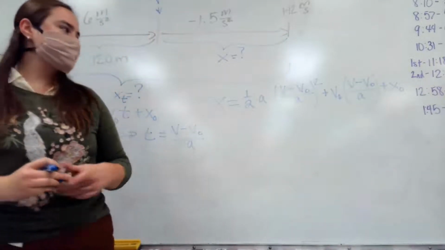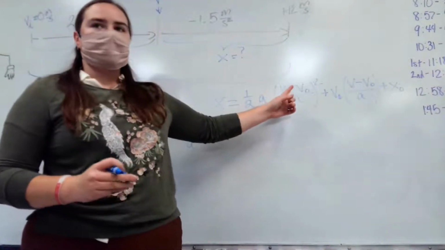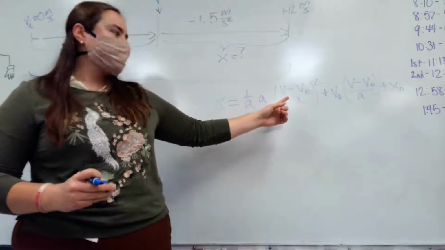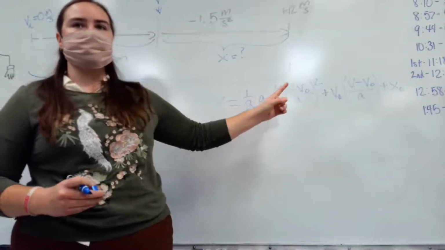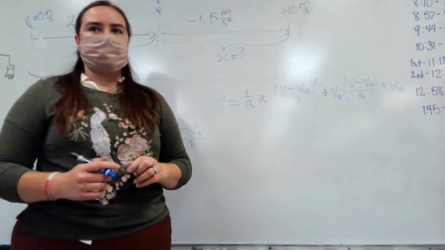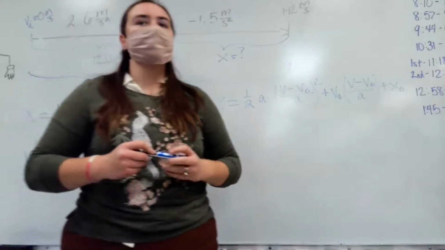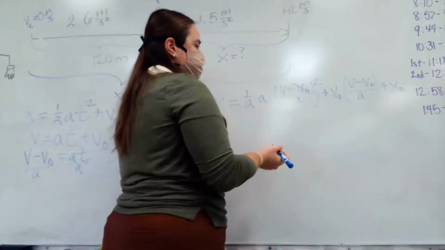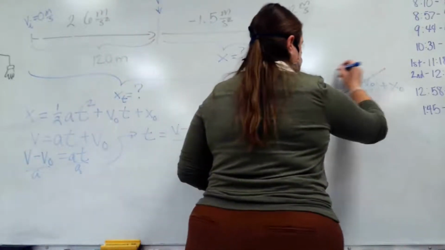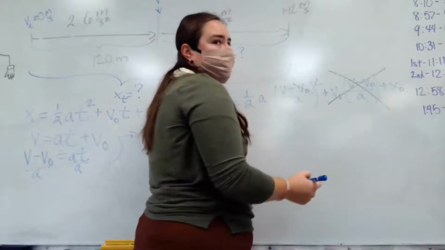Okay? So this term specifically right here, probably not one that you're going to have a lot of fun dealing with. But what's zero? V naught is zero. That means that this is just zero. This whole term just disappears because it's multiplied by v naught.